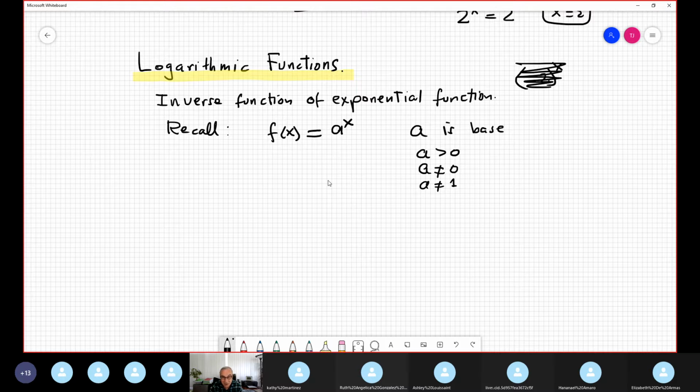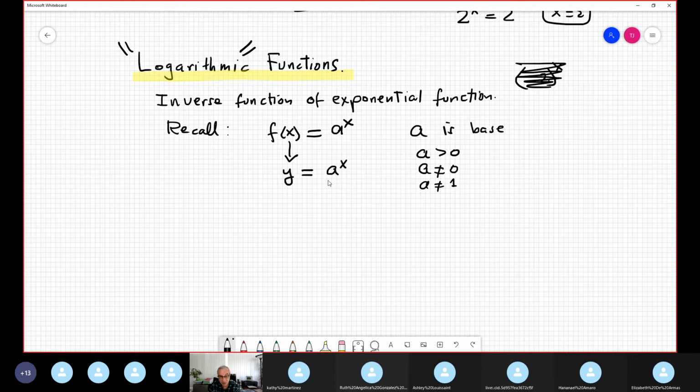This is the idea for the exponential, and we're working with exponential equations. Now, suppose I want to find a new function that is logarithmic, and the logarithm is the inverse. Remember the idea for the inverse. What is the equation for the inverse? You replace f of x with y.